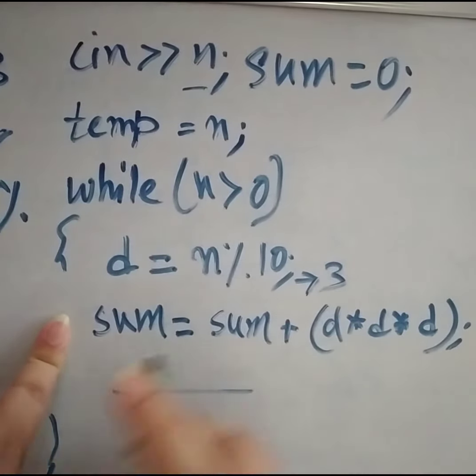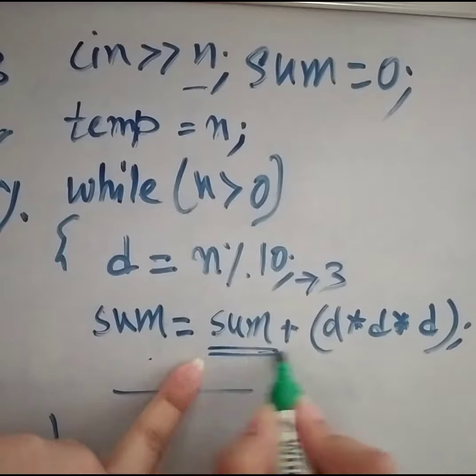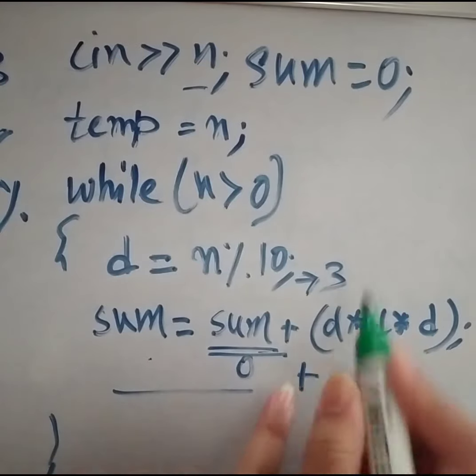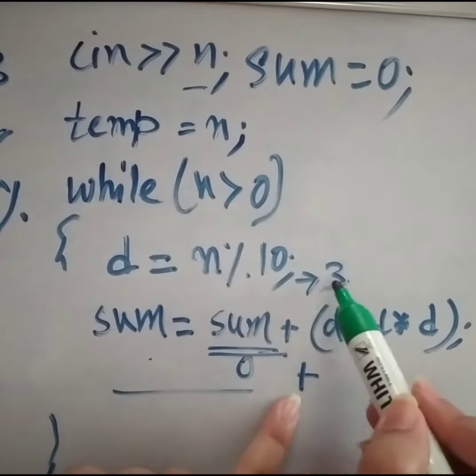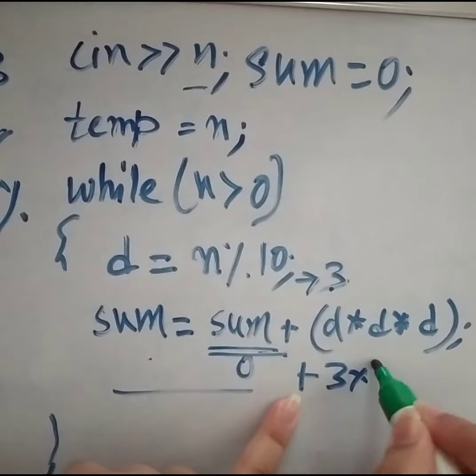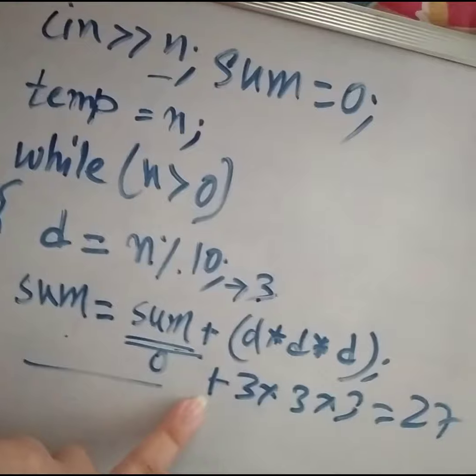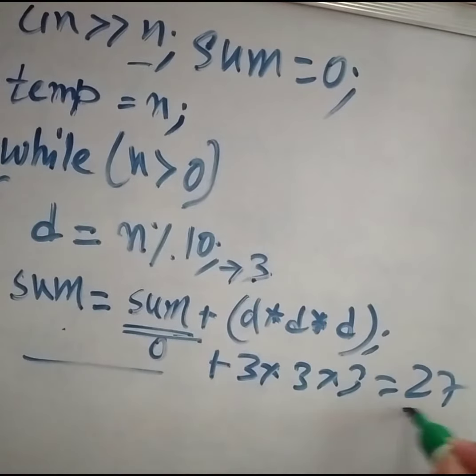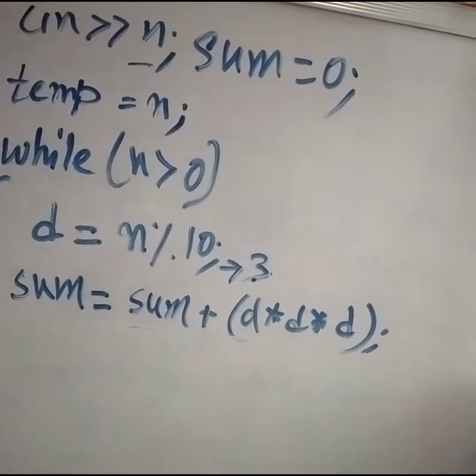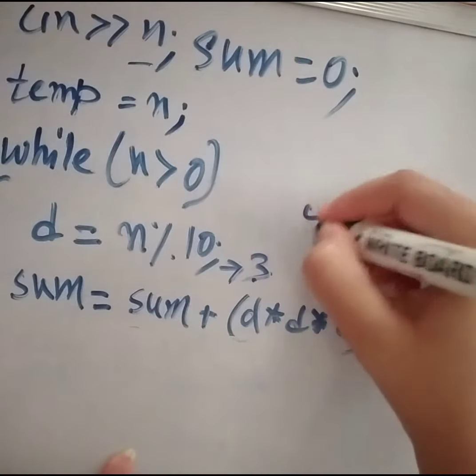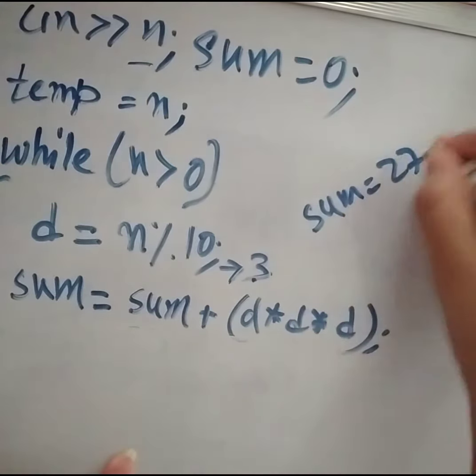So what happens? First, the sum value is 0. 0 plus d, which is now 3, 3 into 3 into 3, that means 27. Now we are getting sum as 27. So we'll just update the sum for now. Sum is now 27. Just keep it in mind.